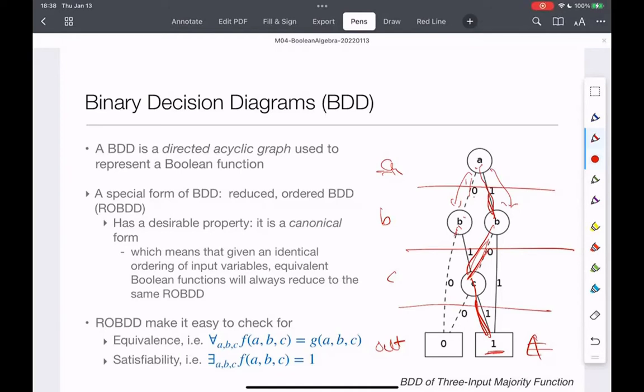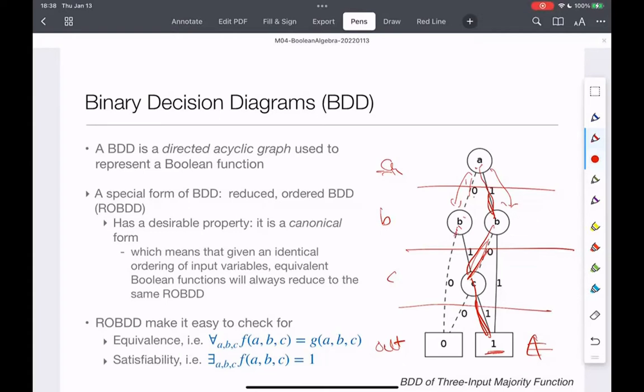So BDDs, while in some cases they can take an exponential amount of space, in general some of the information is not needed. You might have thought that in the C layer I would end up with 4 nodes, but that's not the case. As you can see in this case, there's a single node out here. So depending upon the function, it saves space.